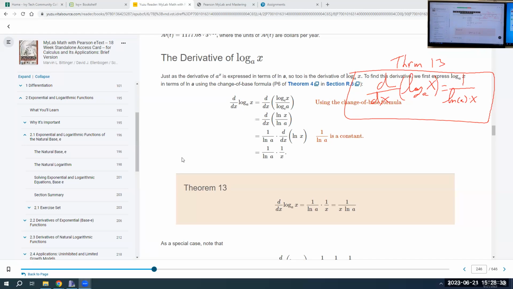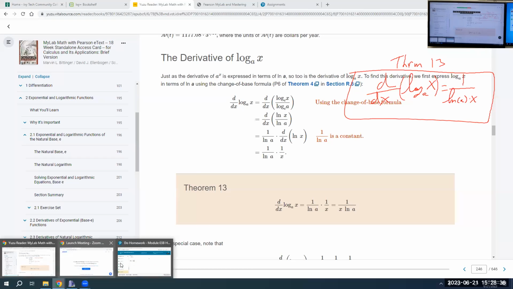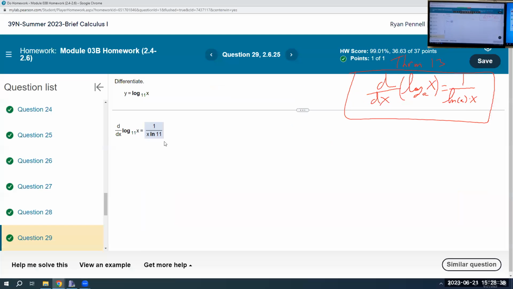So we can use that. For examples, theorem 13 helps us out with that. So here, a equals 11. So y prime just equals 1 over natural log 11 times x.